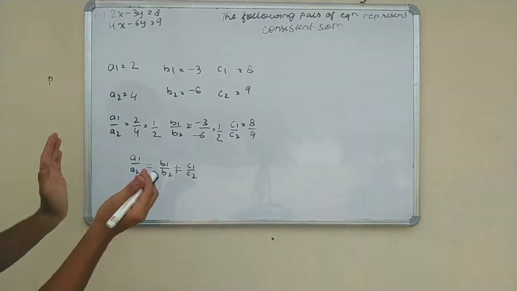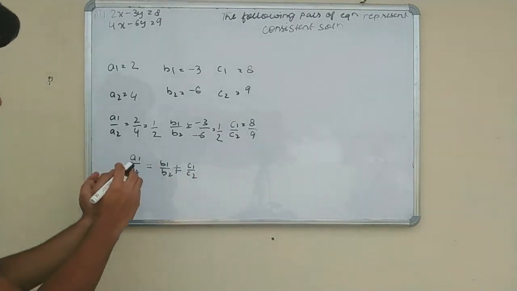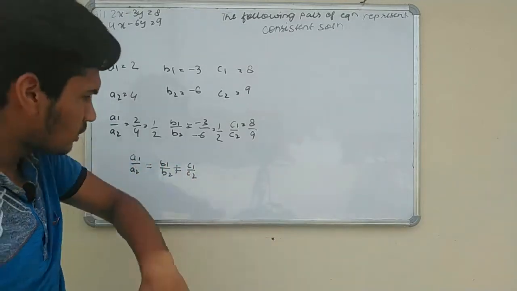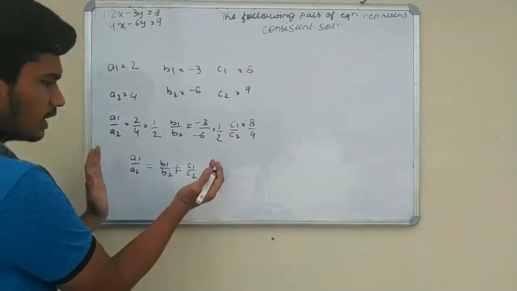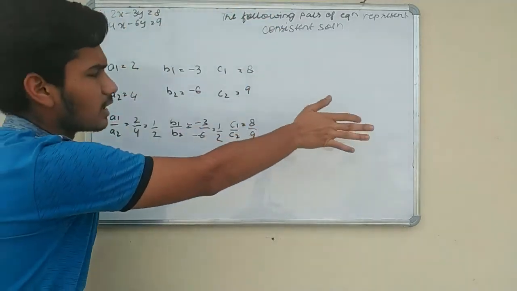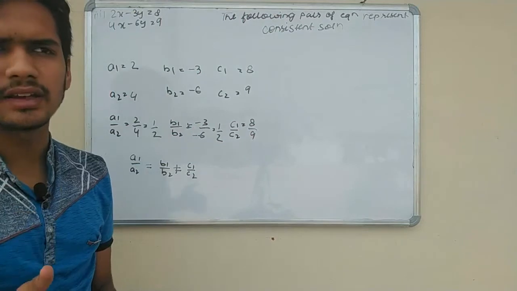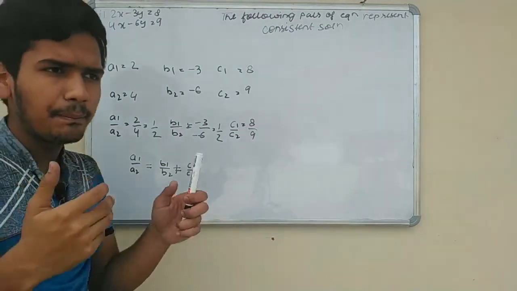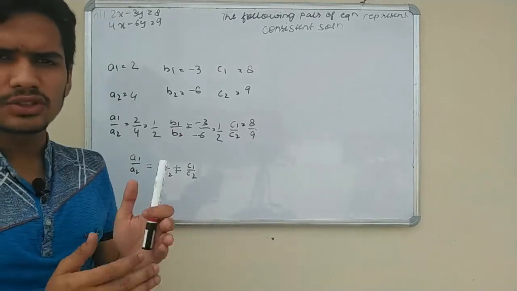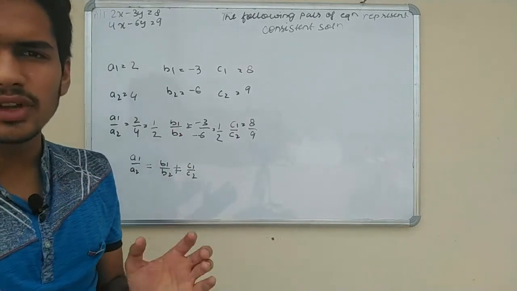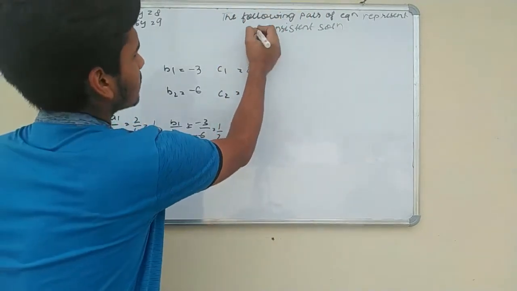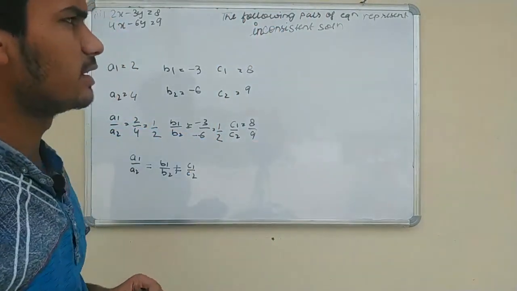So the first pair of ratios is equal and the second pair of ratios is unequal. This is the condition for parallel lines. If we plot these equations in a graph, then they will represent a pair of parallel lines, and parallel lines do not intersect anywhere in the graph, so they have no solution. So if they have no solution, then they are inconsistent.